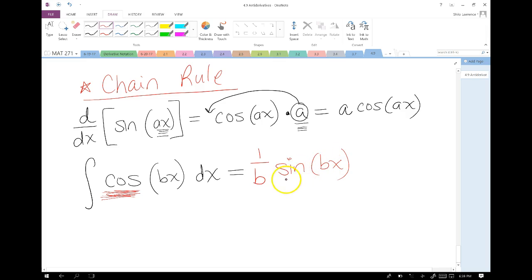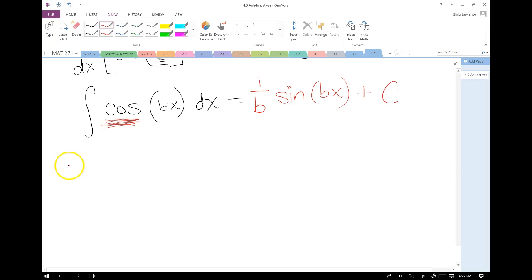And instead of actually saying divide by b, I like to write it as a coefficient of 1 over b. In case there are any other coefficients, which we'll talk about in just a minute, there's a coefficient rule, we could combine it with any other coefficients. And then don't forget your plus c. And let's look at a couple of examples of this.